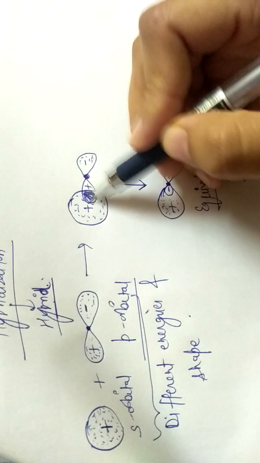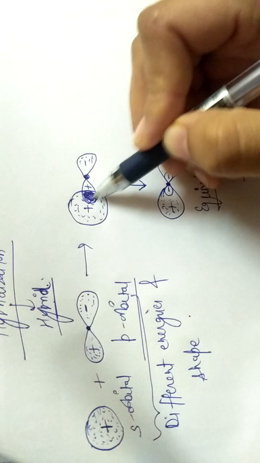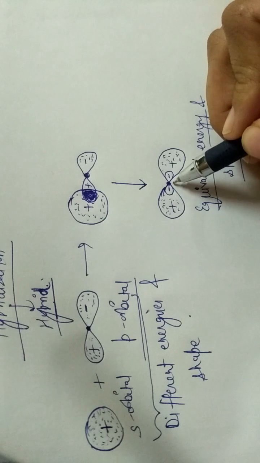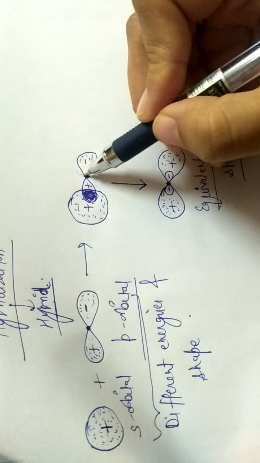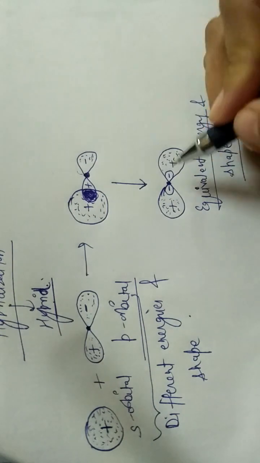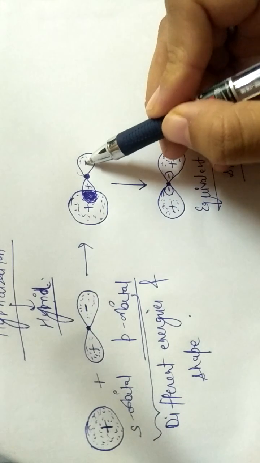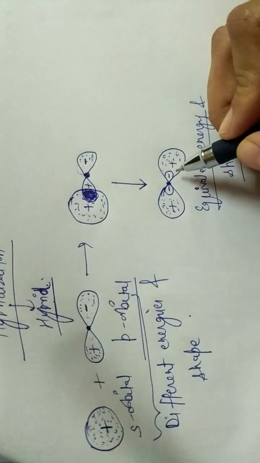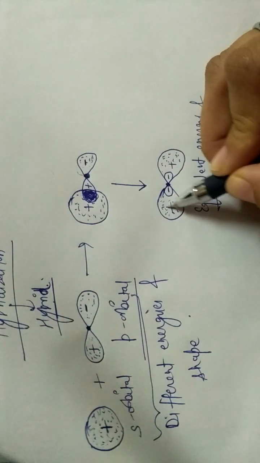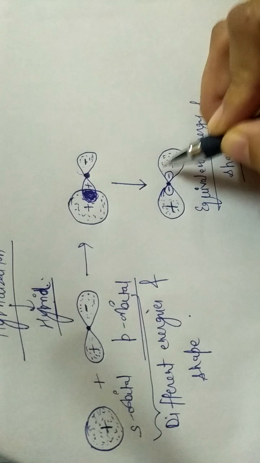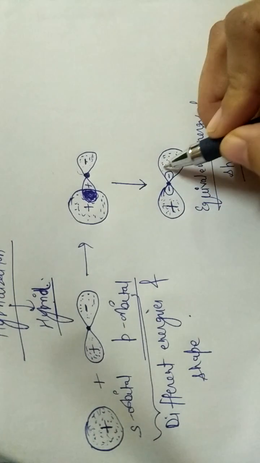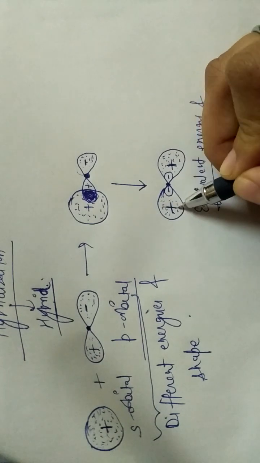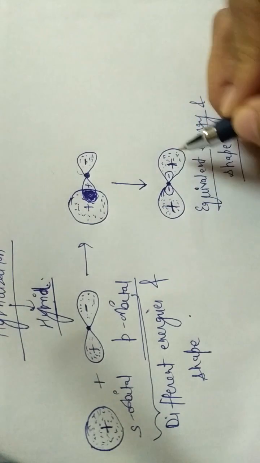Now the side from which overlapping takes place between the two different orbitals, that lobe gets bigger in size, whereas the side from which there is no overlapping, that is the negative lobe, gets small in size. So we can say that the electron density is now rich on the plus lobe side in comparison to the minus lobe side.